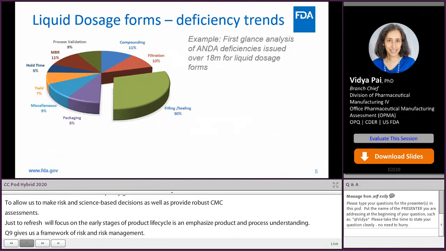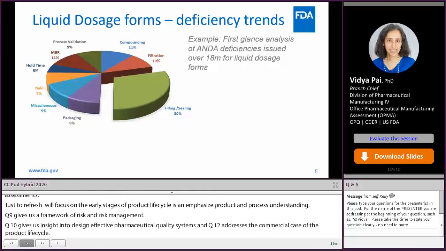So we're going to take a little detour, and I'm going to share these two pictographs on the slide that summarize our initial foray into trying to trend deficiencies. This was a study done by a summer student last year.